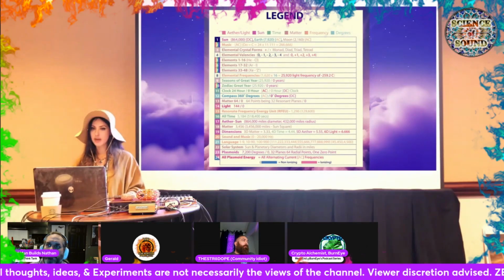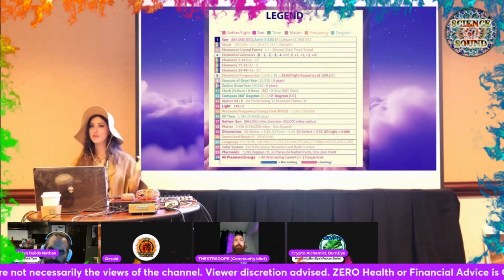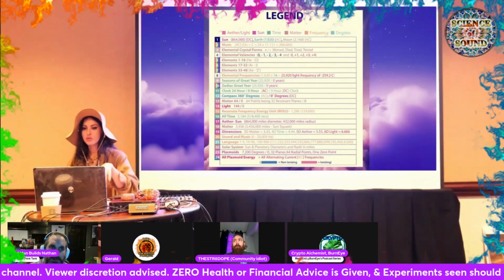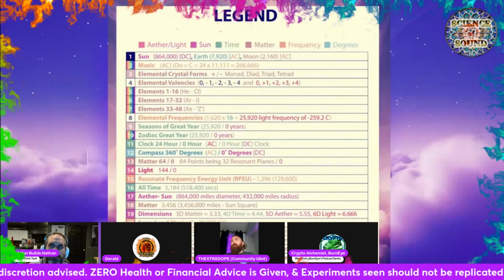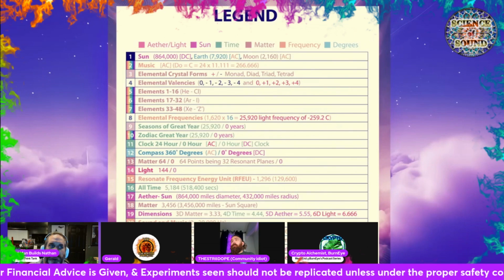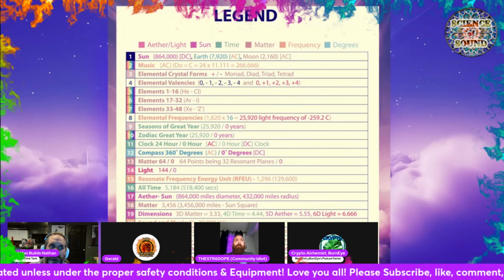with this energy web. So this is the legend. So you have 24 different lines. I'm going to go forward and I'll come back. So you have 24 different lines. So this is starting from 1, and it goes on to 24. So these are the different types of numbers that he's encoding.